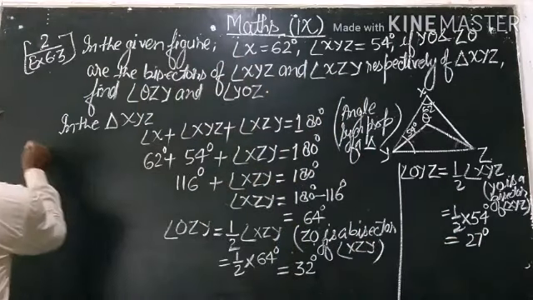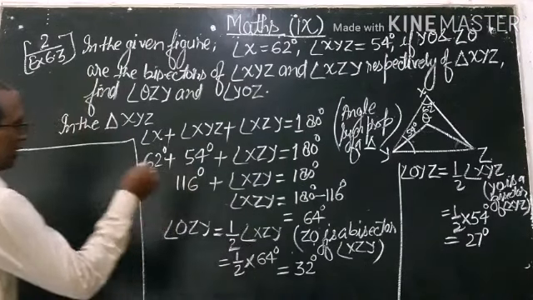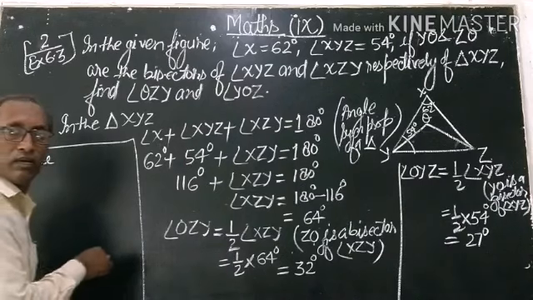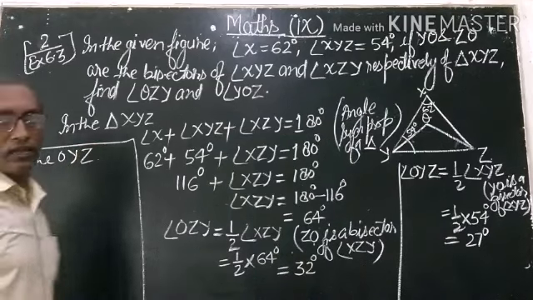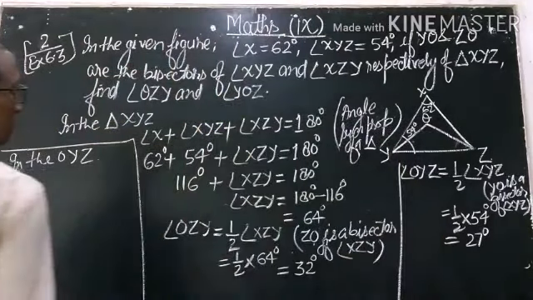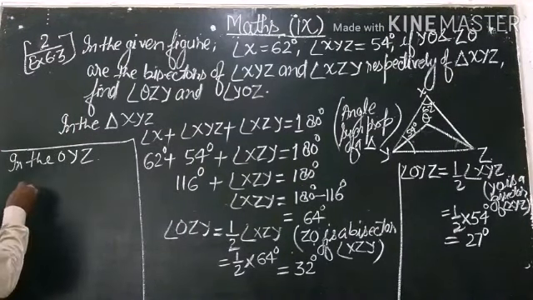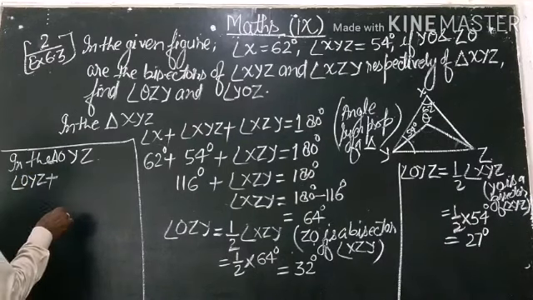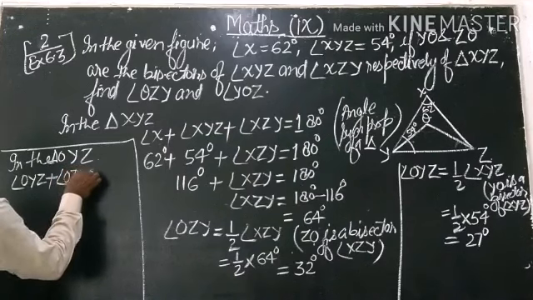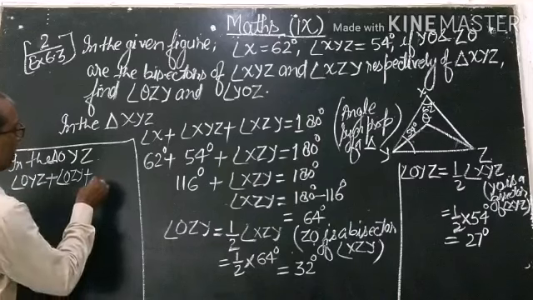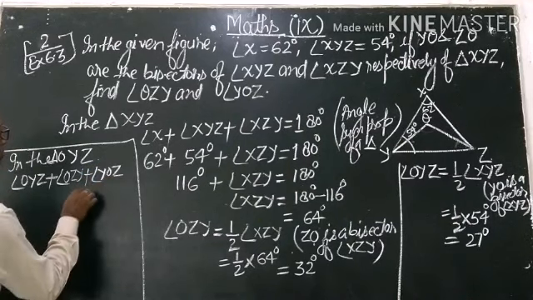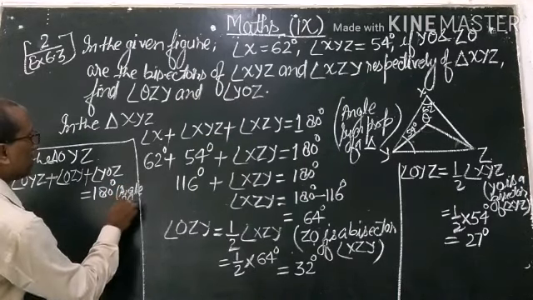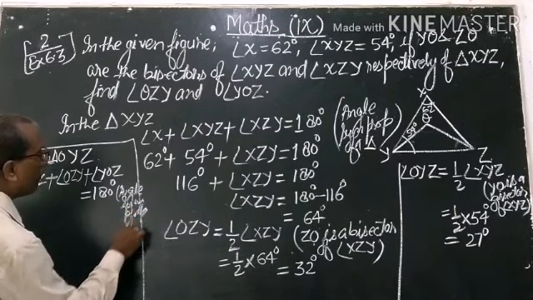Then you write here, in the triangle OYZ, angle OYZ plus angle OZY plus angle YOZ is equal to 180 degrees, by the angle sum property of a triangle.